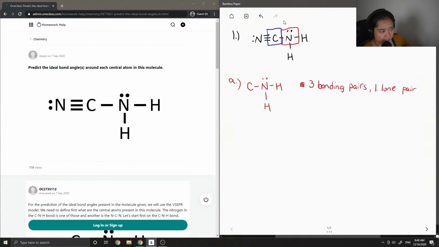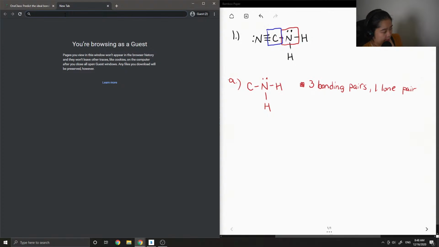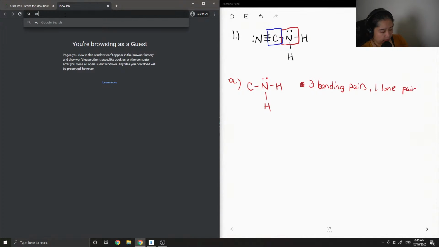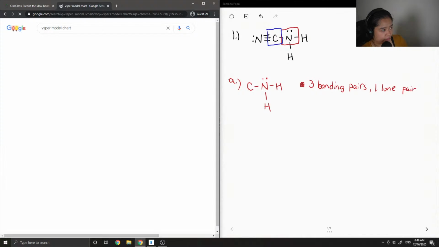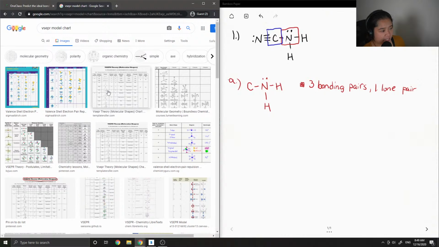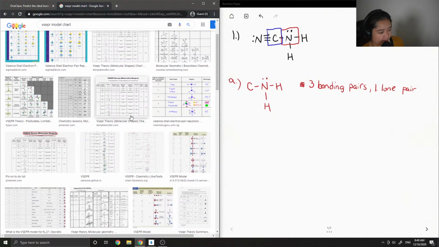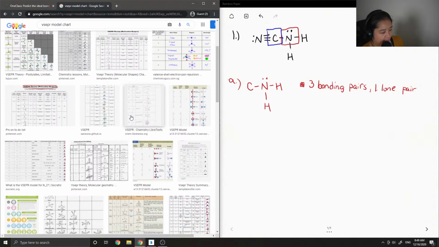Okay, so the question asks to predict the ideal bond angle. And to do that, I'm going to look up something called the VSEPR model, or this chart, that predicts the type of molecular shape that this central atom might have.